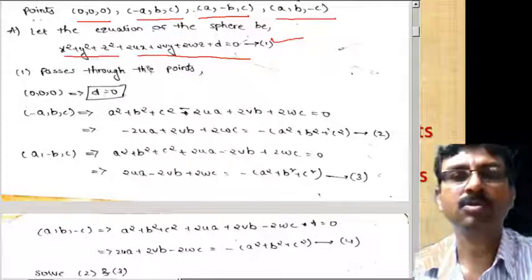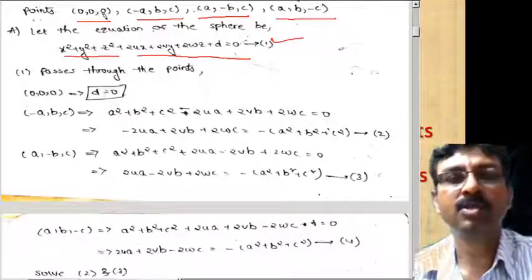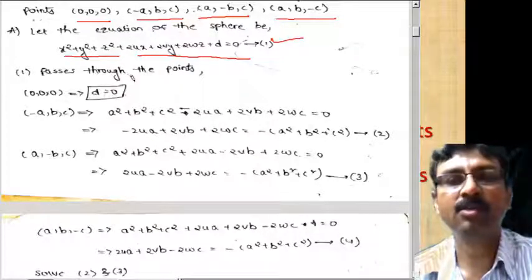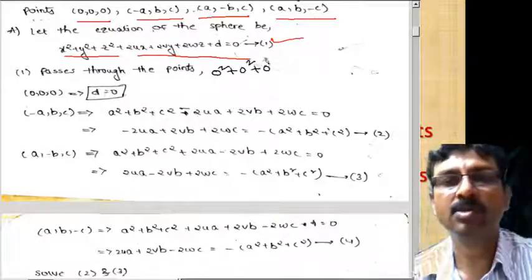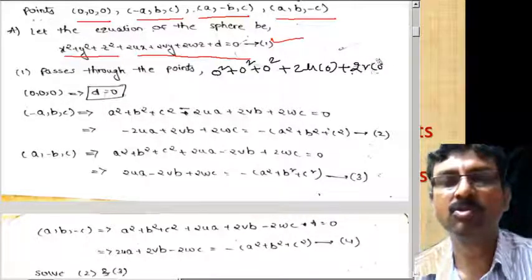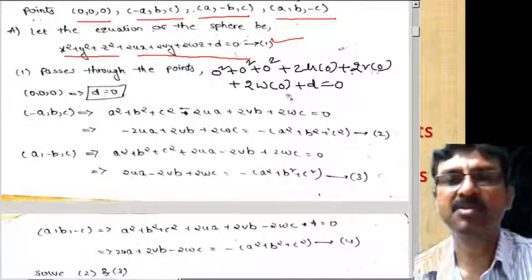When we substitute the first point 0, 0, 0, we get d equal to 0. You replace x, y, z by 0, you get 0 square plus 0 square plus 0 square plus 2u into 0 plus 2v into 0 plus 2w into 0 plus d equal to 0.